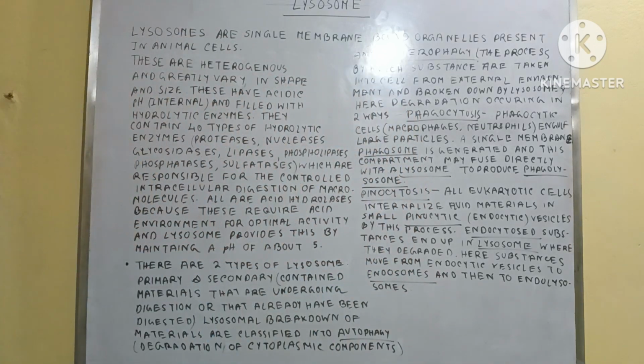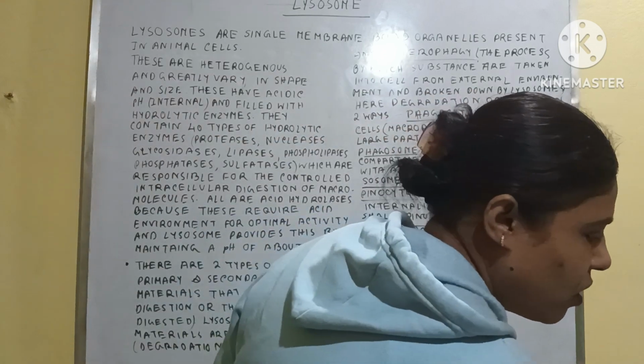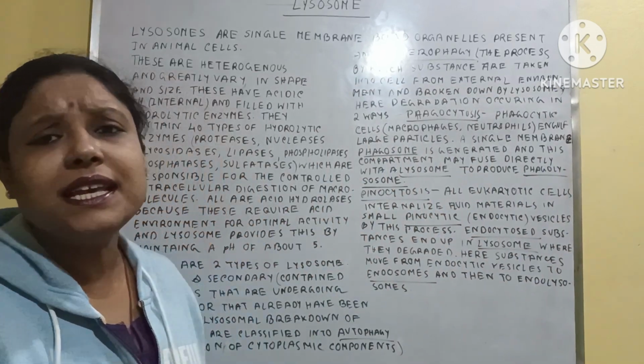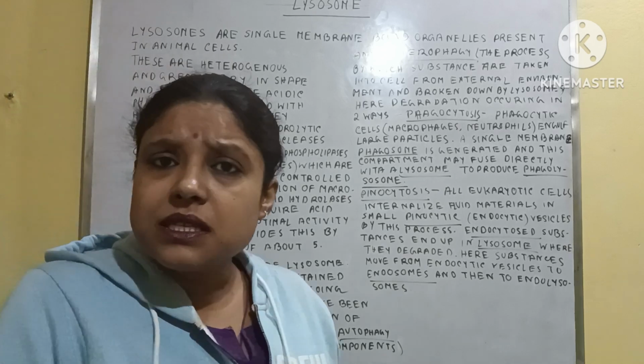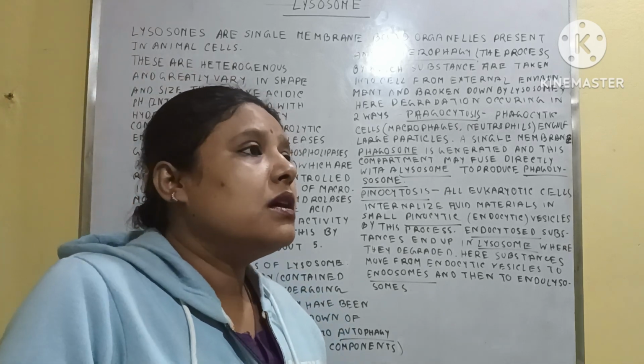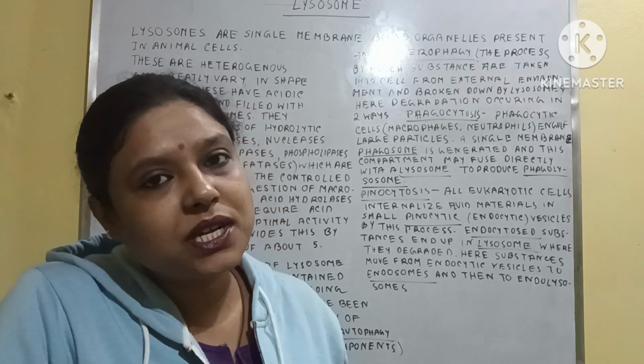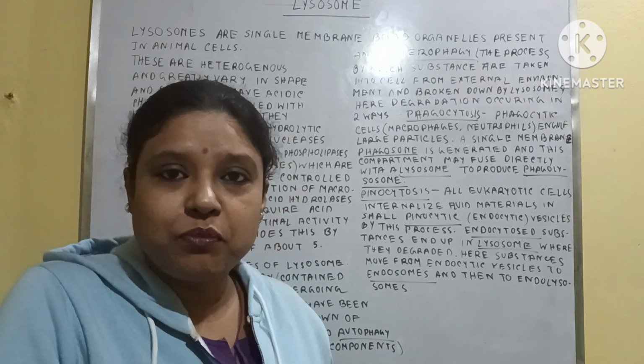So let's continue. This is the lysosome. What is the lysosome actually? You all know that lysosome is generally seen in the animal cell. This is an organelle. First, what is a cell? You all know that a cell is the functional and structural unit of the body.